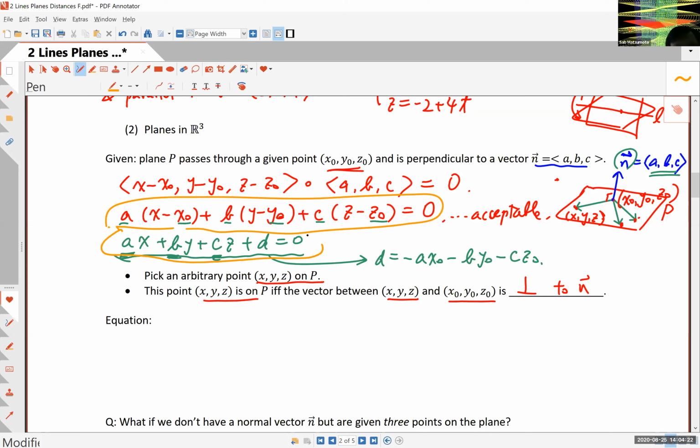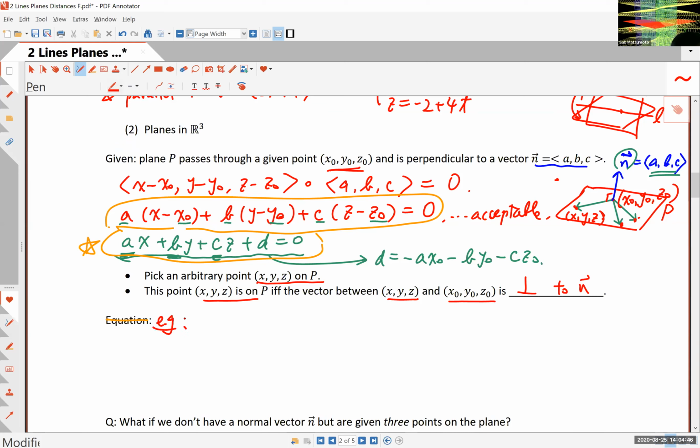Also, this is an equation of the plane. Either one would be acceptable. I'll take whichever. This is slightly nicer if you want me to be in a good mood, because this is much easier to grade, right? But anyway, I'm not going to penalize you if you write the correct answer, and both of these would be correct answers.